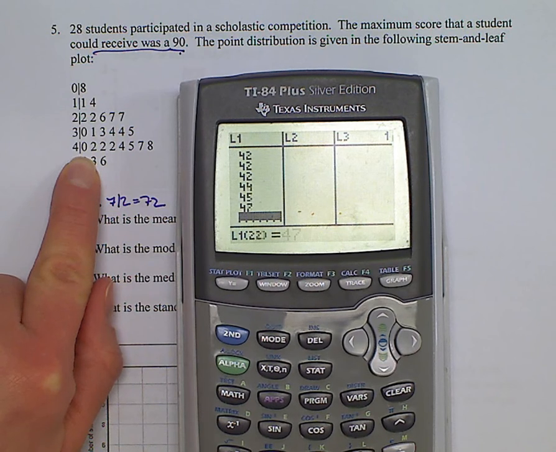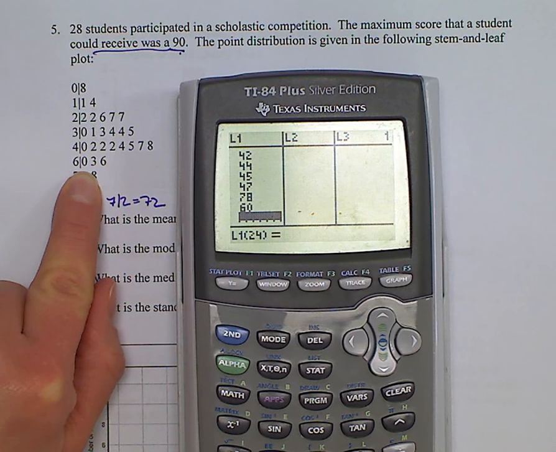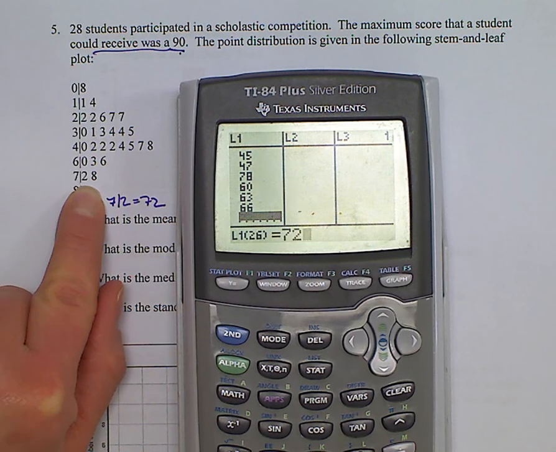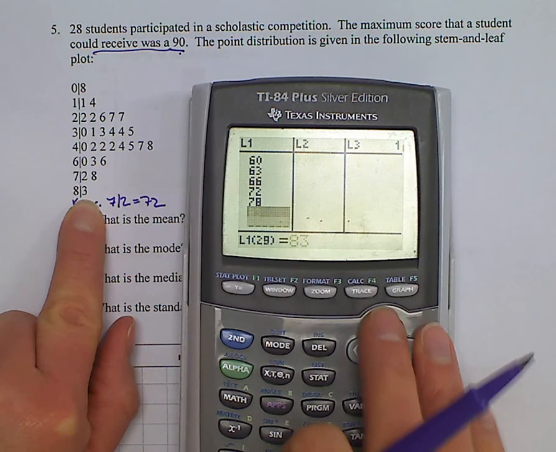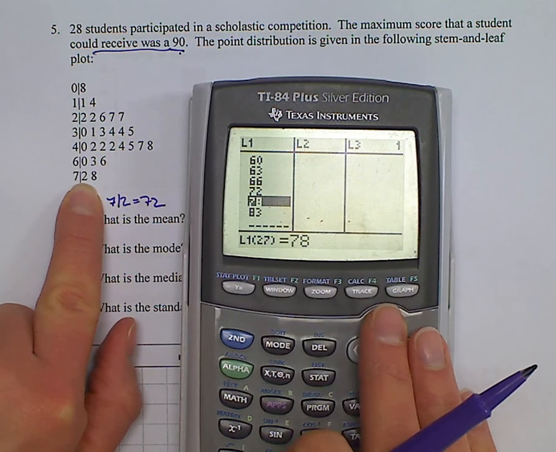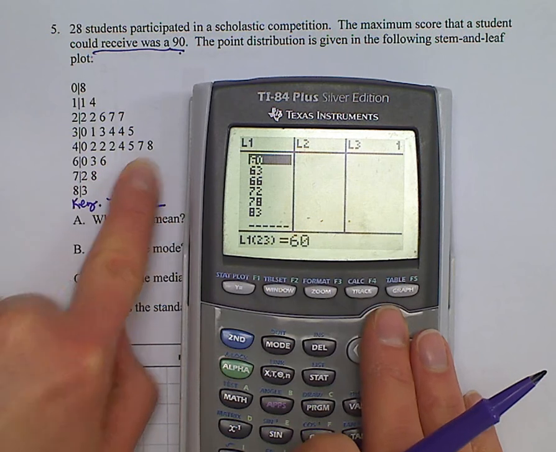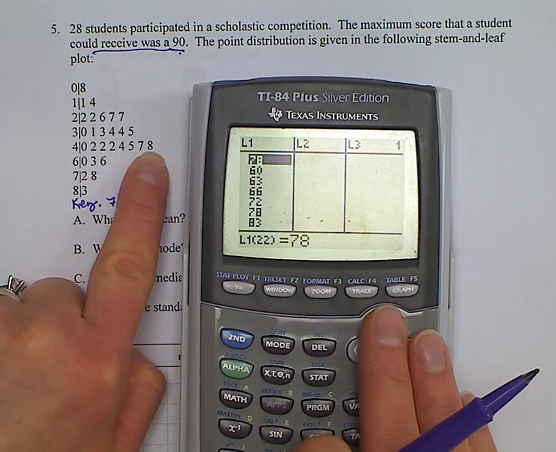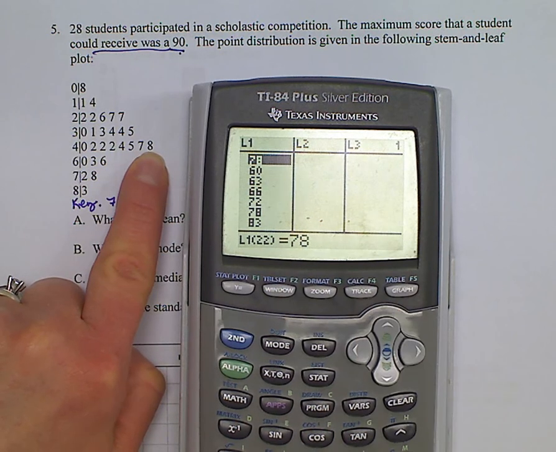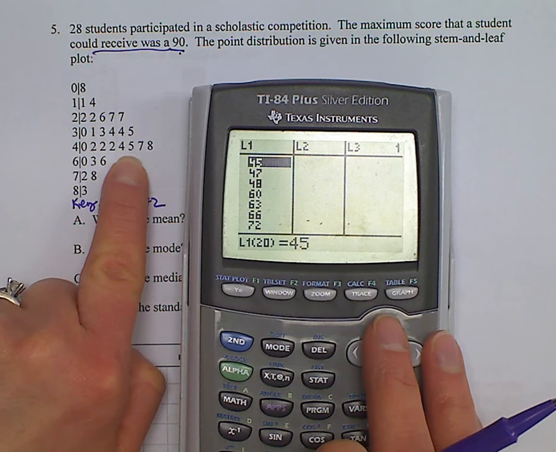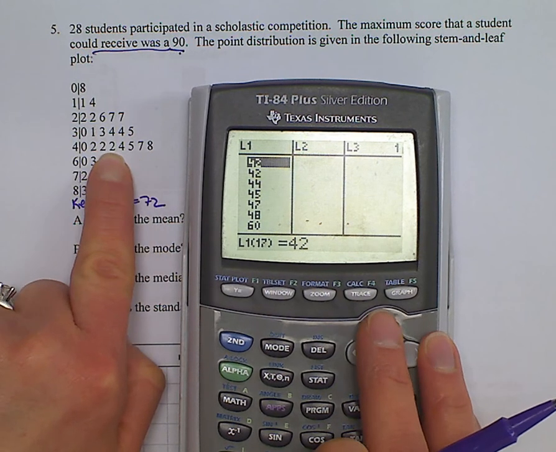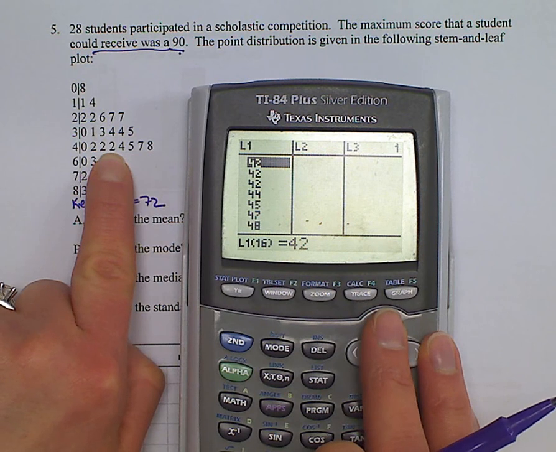Now these are already in numerical order. So to find the median and to find the mode, we really don't have to enter in the list into the calculator, but it will definitely help us when we go to calculate our standard deviation. So I'm double checking my numbers, thank goodness, because I entered in 48 as 78 on accident.